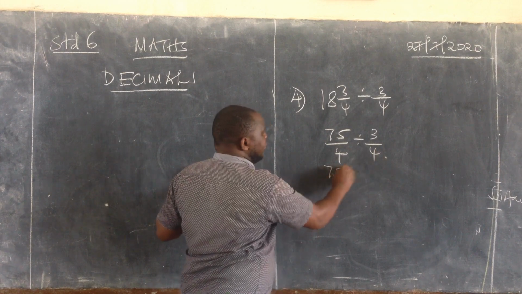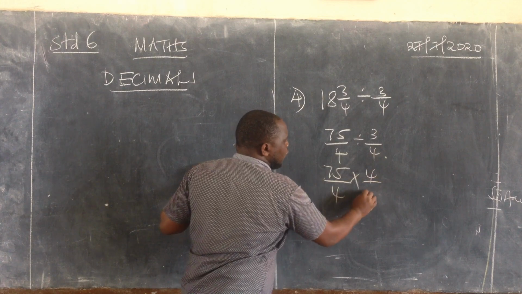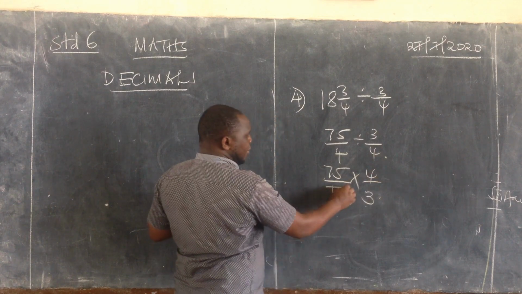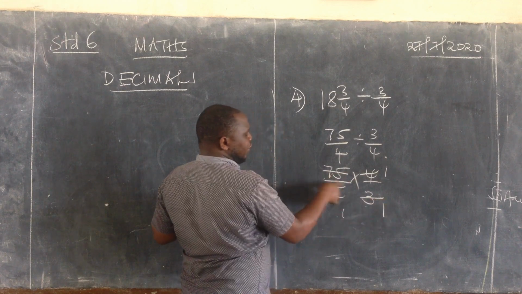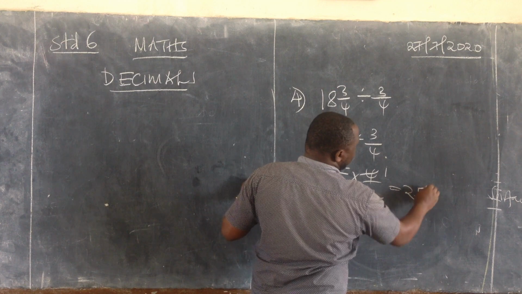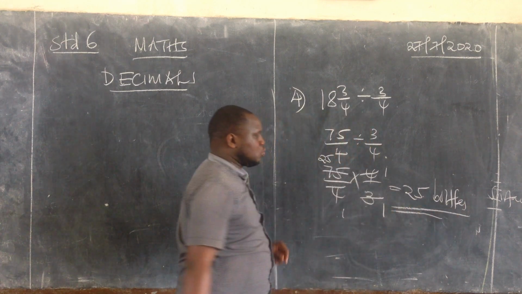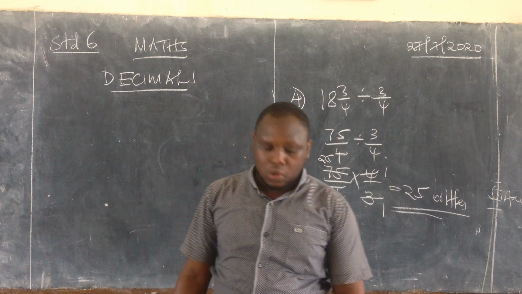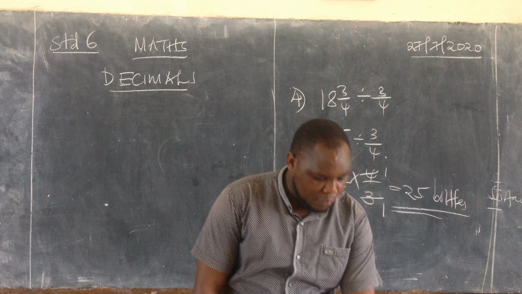That's going to be 75/4 multiplied by the reciprocal of this, which is 4/3. 4 divided by 4 is 1, 3 divided by 3 is 1, and 75 divided by 3 gives you 25. Therefore, you get 25 bottles, but not 1/25 as some of you were saying. So that is what I wanted to correct before we move on.